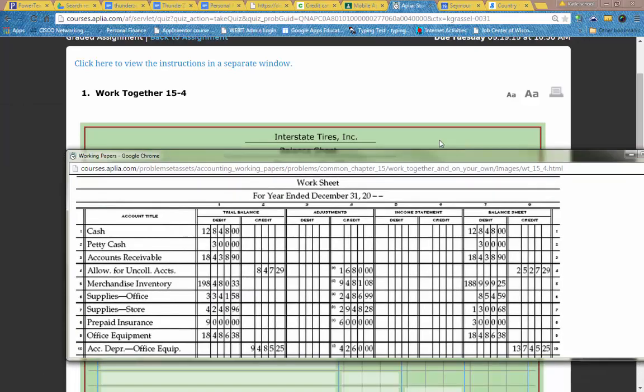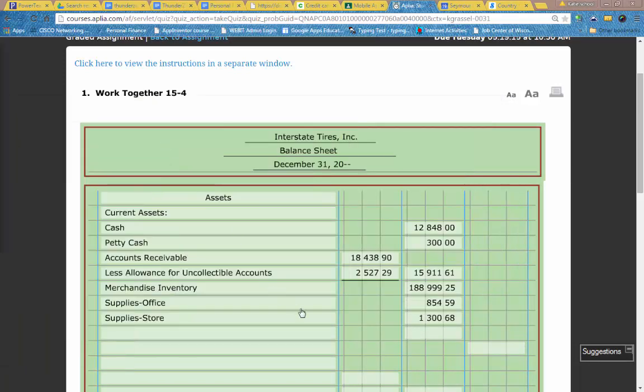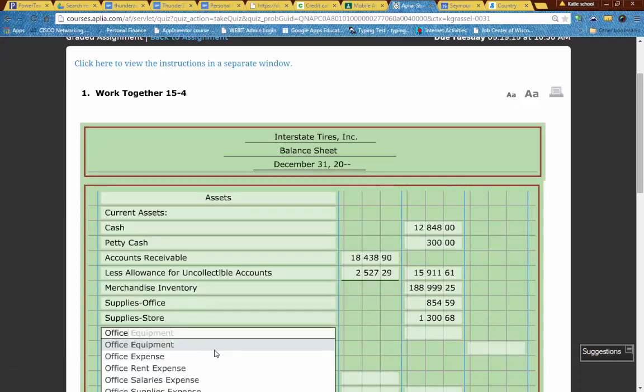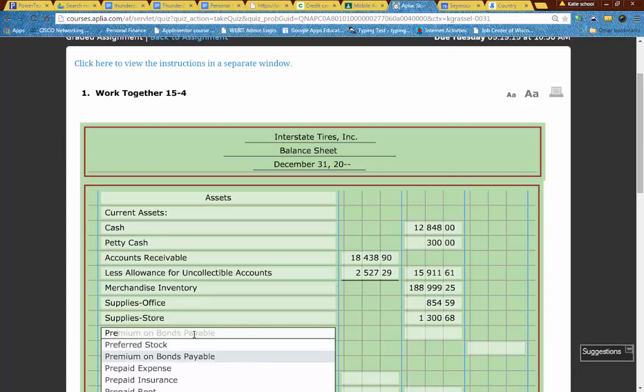Balance sheet. Did I say trial balance? Sorry, always balance sheet column when you're preparing it. I'm sorry, I did not mean to confuse you. Thank you for calling me out on that. Below supplies store, prepaid insurance.